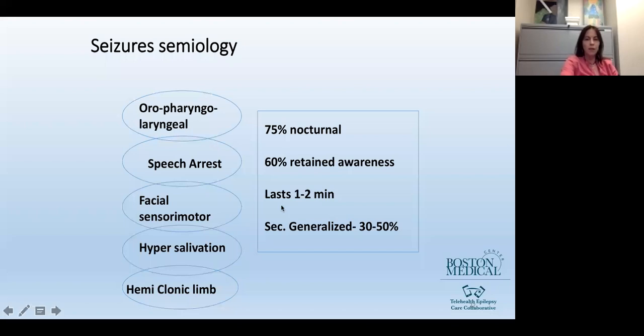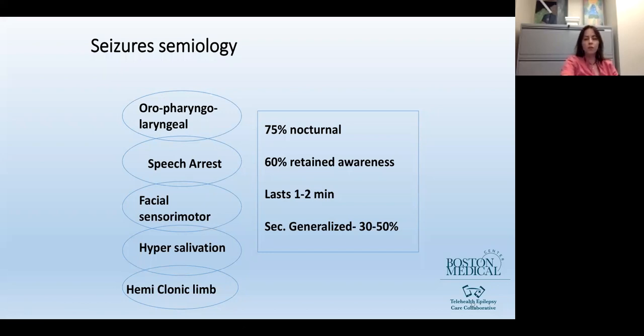He might try to communicate with us with different gestures, and that might also sometimes be quite frightening to the patients. The next seizure type that we are going to see are the facial sensory motor seizures, which might involve what we saw actually in the child in the video, where you might have either just motor symptoms like twitching that may start in the lower lip and then spread to the face, and sometimes spread to the arm, which would be hemiclonic of the limb, or sensory seizures where you have just numbness and paresthesia involving your face or your cheek.